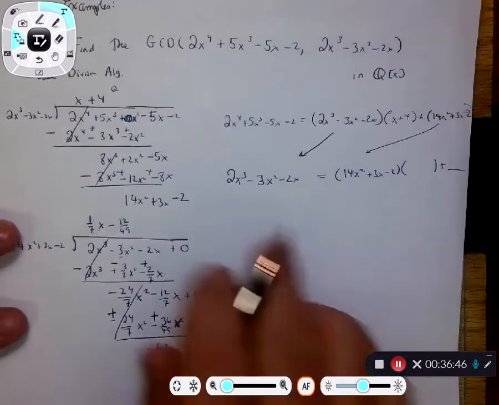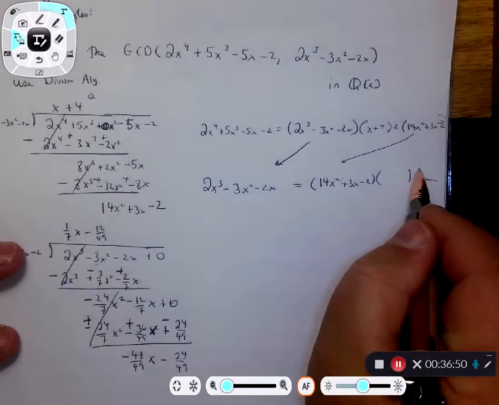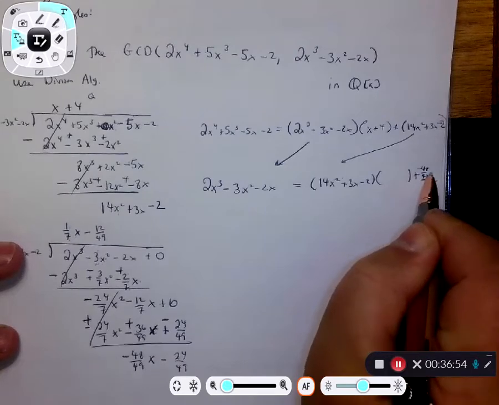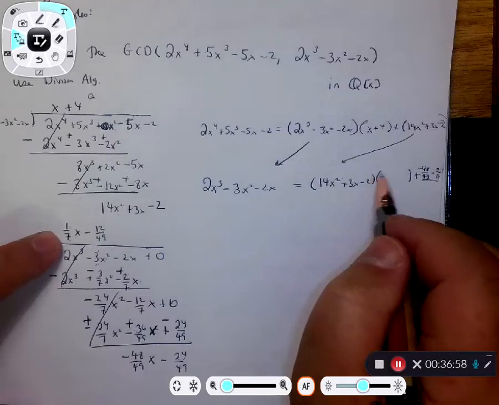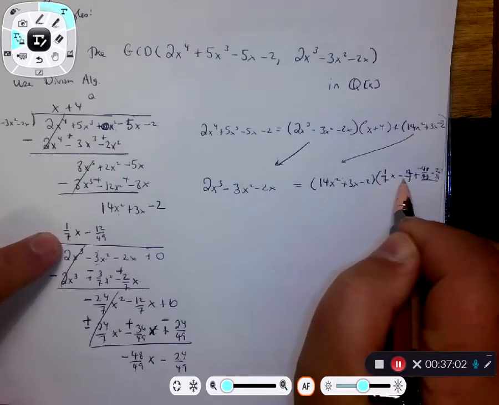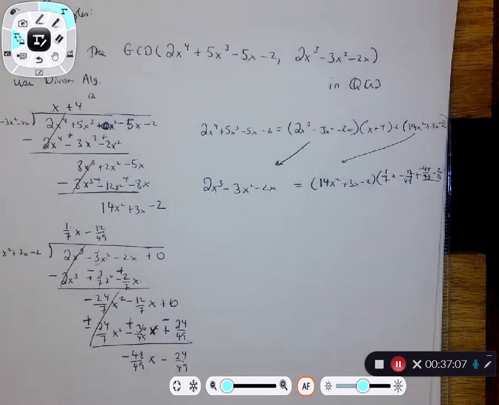So by this information, I know the remainder part is going to be that awful fraction of negative 48/49 x minus 24/49, and my quotient was 1/7 x minus 12/49. So I now have my division algorithmic method of finding the GCDs. So once again, I'm going to shift.